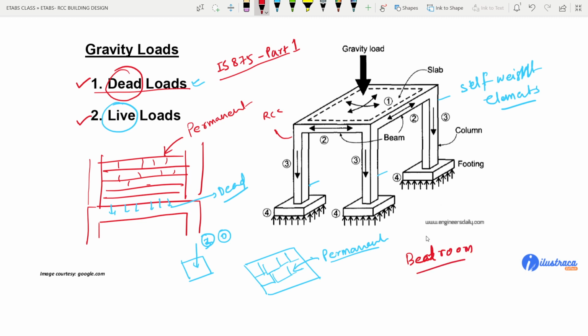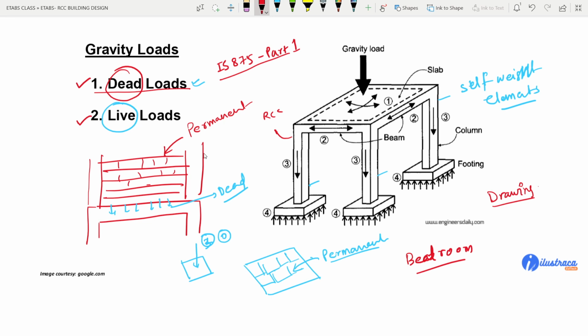Maybe 2, 3, 4 members will be, hardly 4 members will be coming here. Then we have drawing rooms. So in a residential building, most of the people will be gathering in this drawing room itself. Then we have kitchen. So depending on the occupancy of the rooms, or depending on the type of occupancy in the different areas in a particular building, they have given some constant values of the loads.